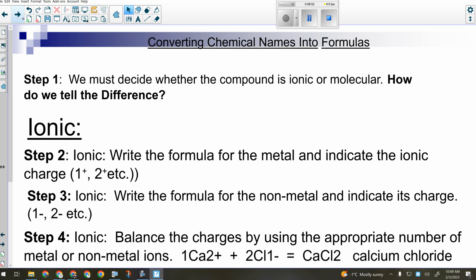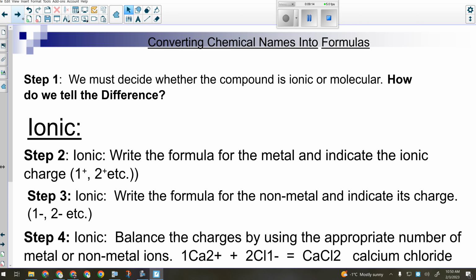For ionic compounds, there's a little bit more to do because we have to do the drop and swap to get the numbers right. Now you've got some compounds that are going to have things you haven't used before, like the Roman numerals, and polyatomic ions.